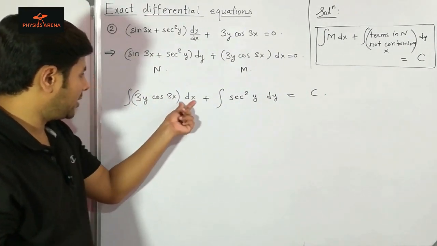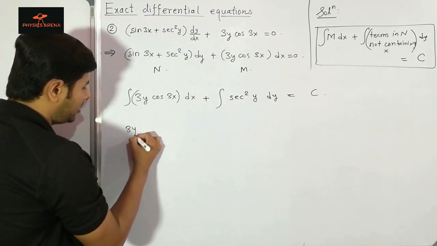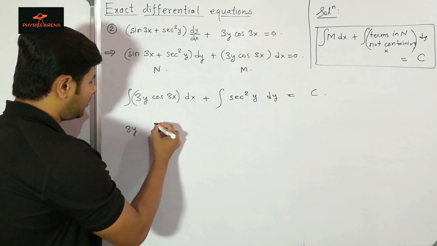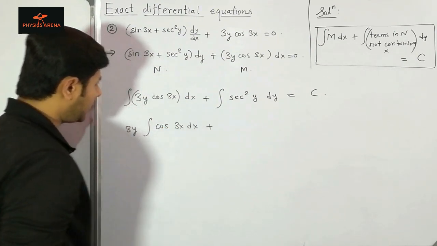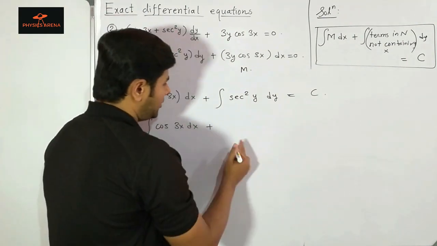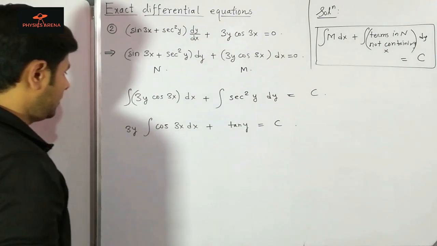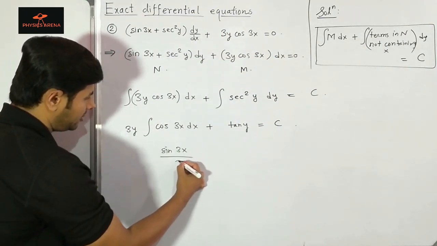Now here we are integrating with respect to x, so 3y we can take outside safely, and integral of cosine of 3x dx is sine of 3x divided by 3.